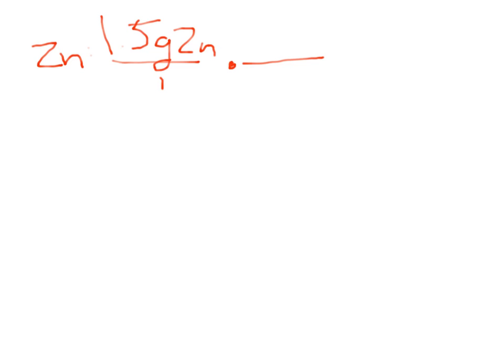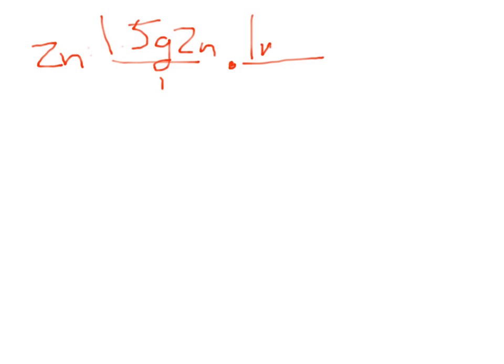So let's just use zinc. So there we have 1.5 grams of zinc over 1. We want to get the amount of moles, so we use the molar mass.